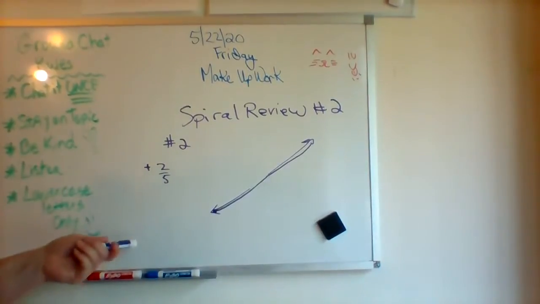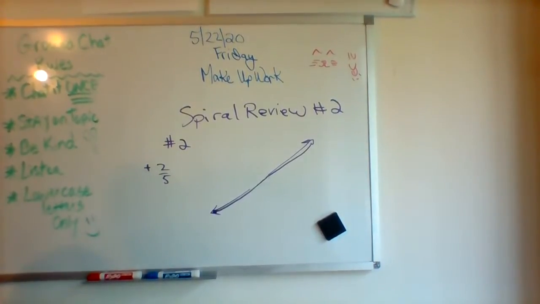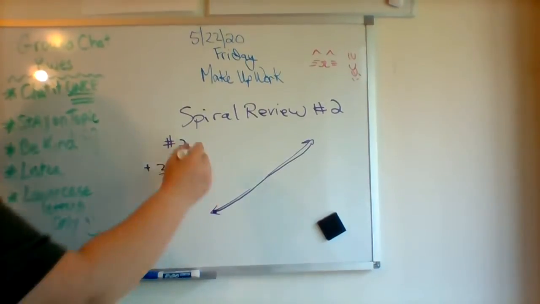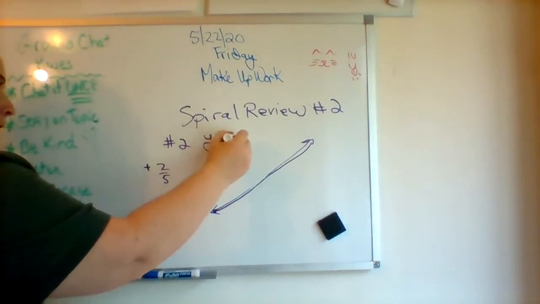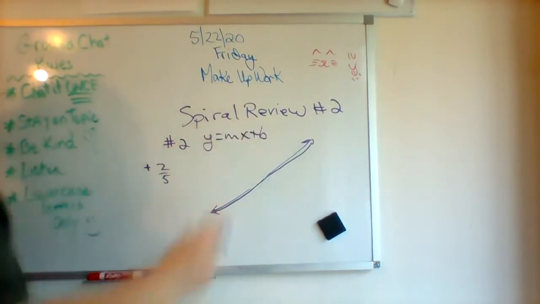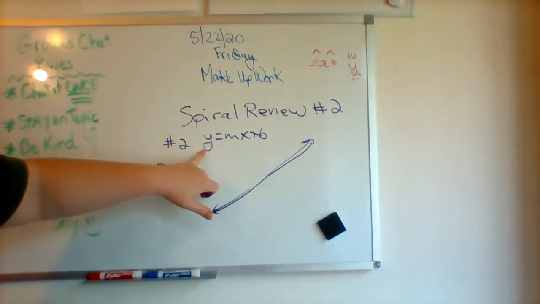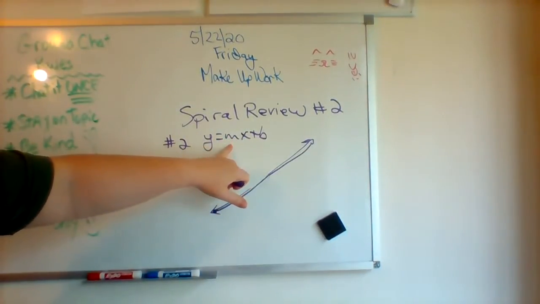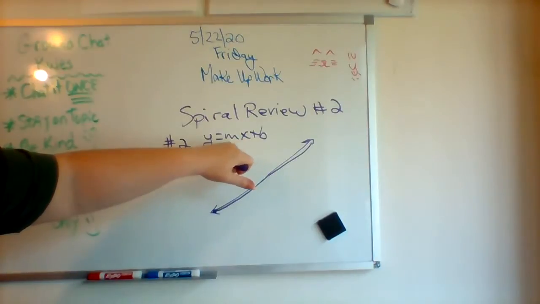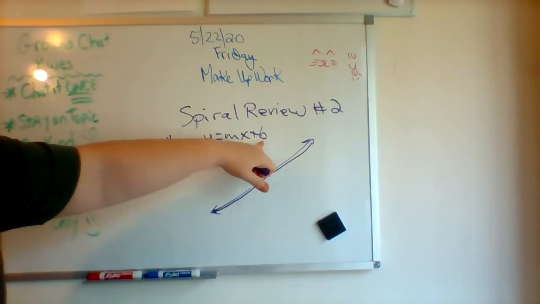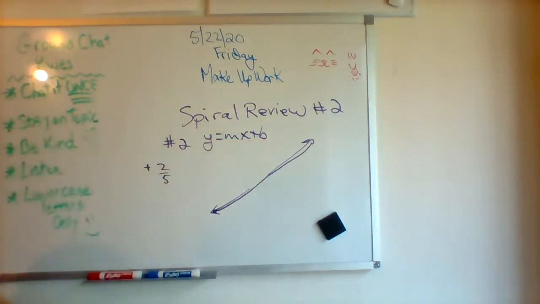Because number 3 was just like this. Every single one of the answer choices is in this format. They all start with Y. They have a slope. They have an X that's attached to the slope. And they have some type of intercept.